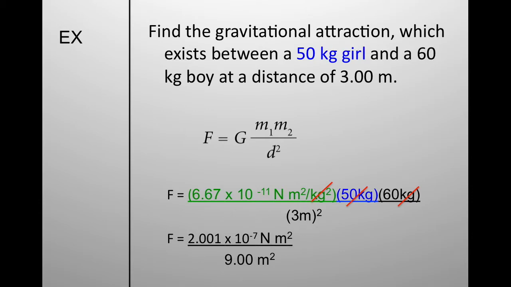Underneath, when you square 3 meters, it becomes 9.00 meters squared. And the meters would cross out, and you would be left with newtons, which is the unit of measurement for force. Your total should be, and if you check my math, 2.2 times 10 to the negative 8 newtons.